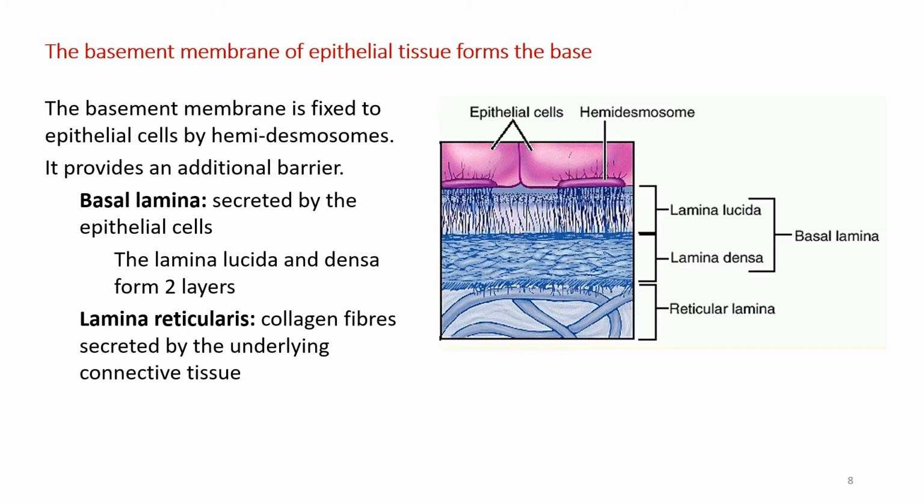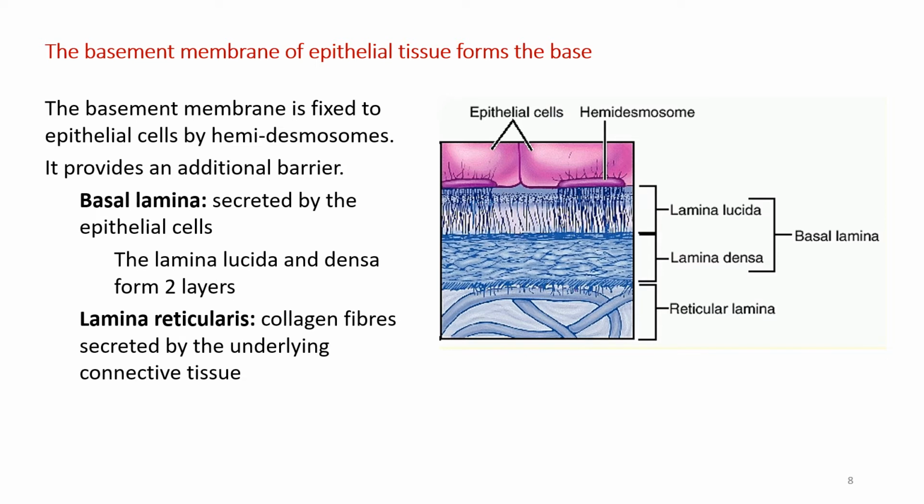The basal lamina is secreted by the epithelial cells, which is logical because that's the layer that's closest to them. Below that, we have the lamina reticularis, or the reticular lamina. And this is collagen fibers secreted by the underlying connective tissue.